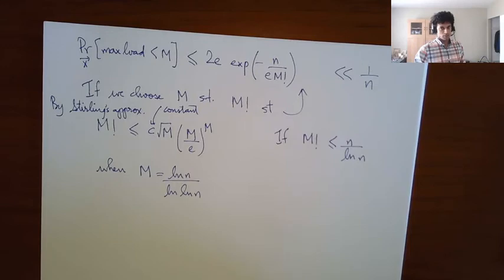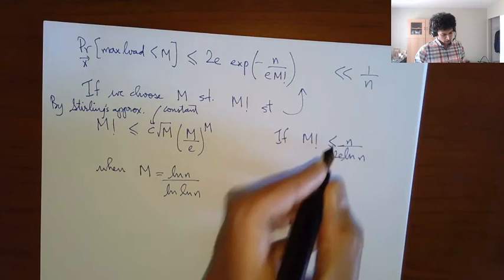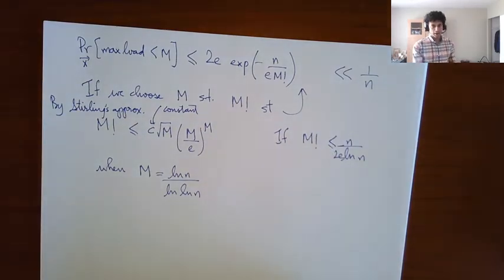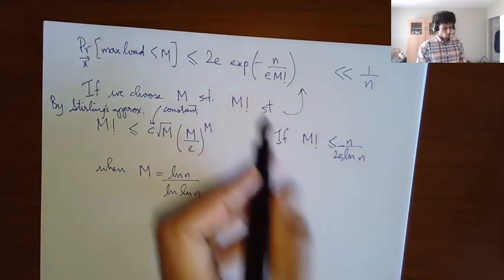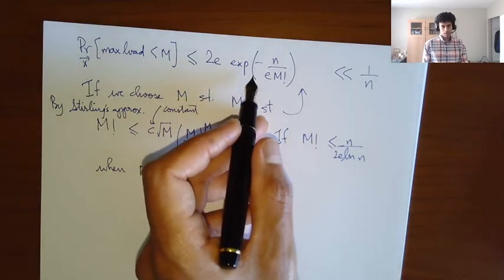Okay, does this make sense? Maybe you need like a 2e or so. If m factorial is less than n divided by 2e natural log of n, then this quantity is going to be less than 1 over n.